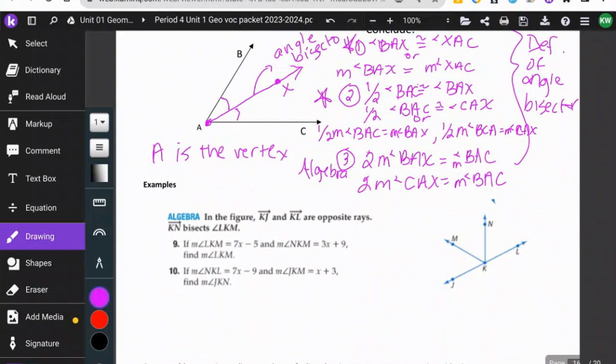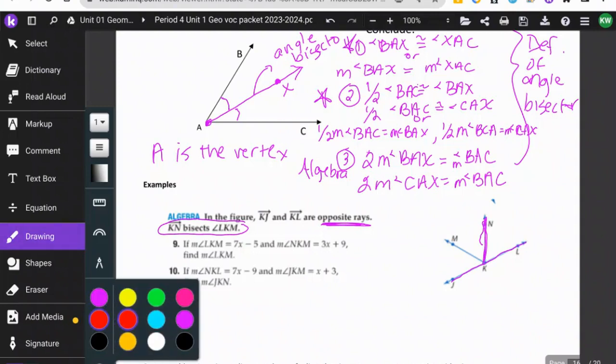All right, so that gives you the different things you can conclude when you get that definition of bisects. Here are some examples. The information given is key: they tell you these are opposite rays, which means this is a straight angle. And KN is an angle bisector, bisecting LKM, that red angle.